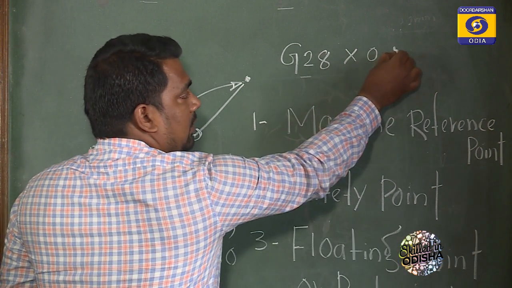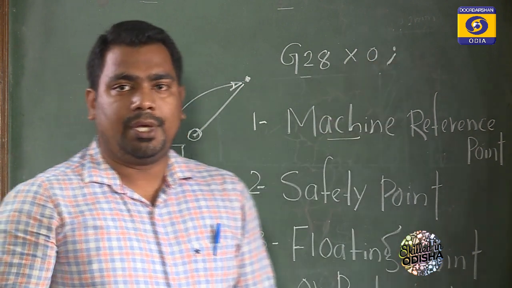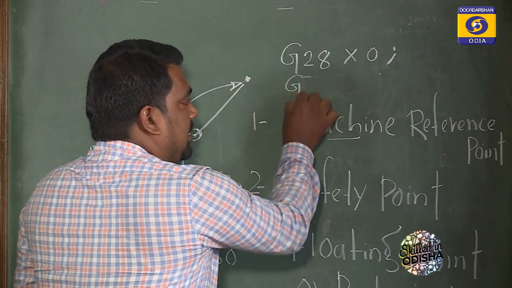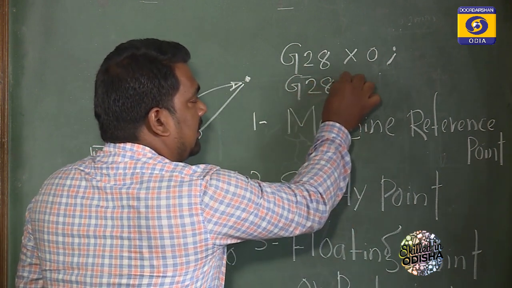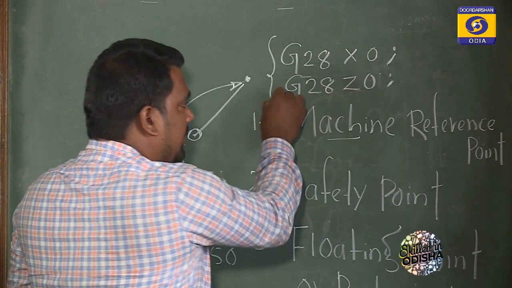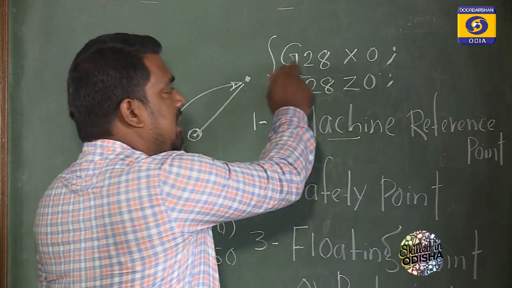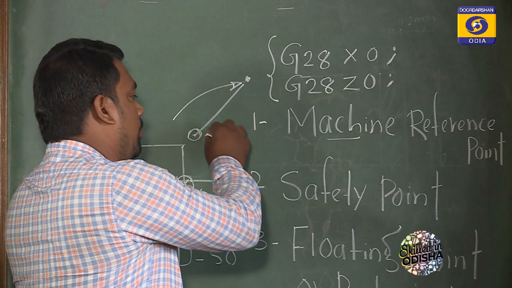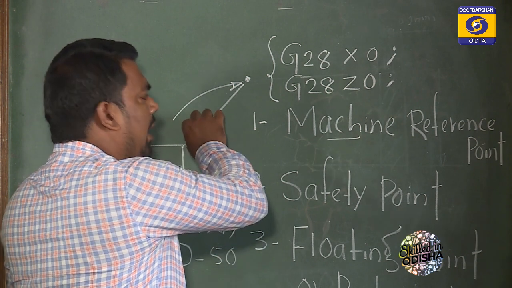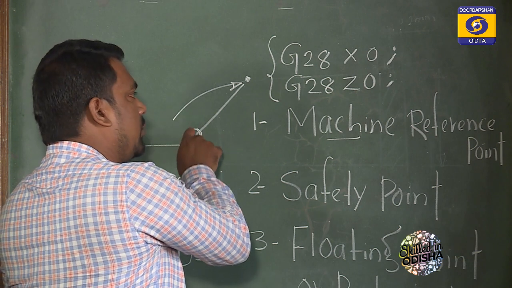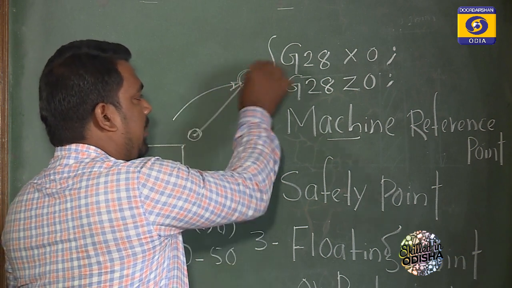This symbol is called EOB, means end of block. Then I have to write G28Z0. When I write this block and this block, then the machine turret moves from where it stands to the machine reference point.